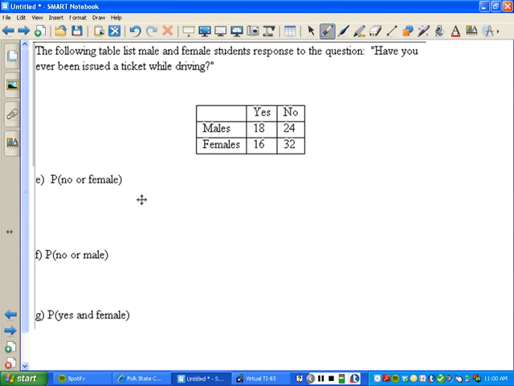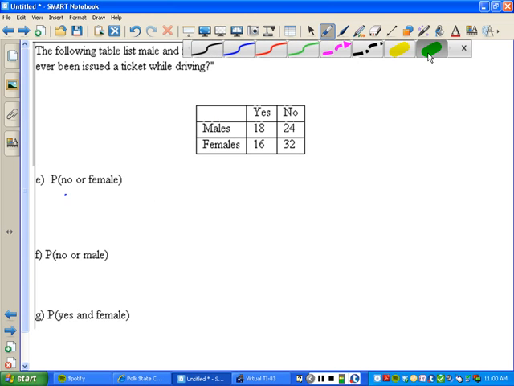All right, probability of no or female. Now, this one's a little bit different because it doesn't have to be no, and it doesn't have to be female. It's just got to be one or the other, but not necessarily both.